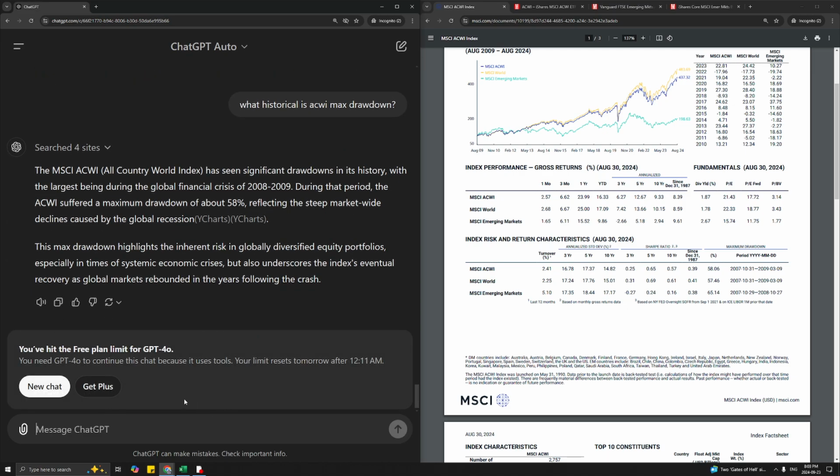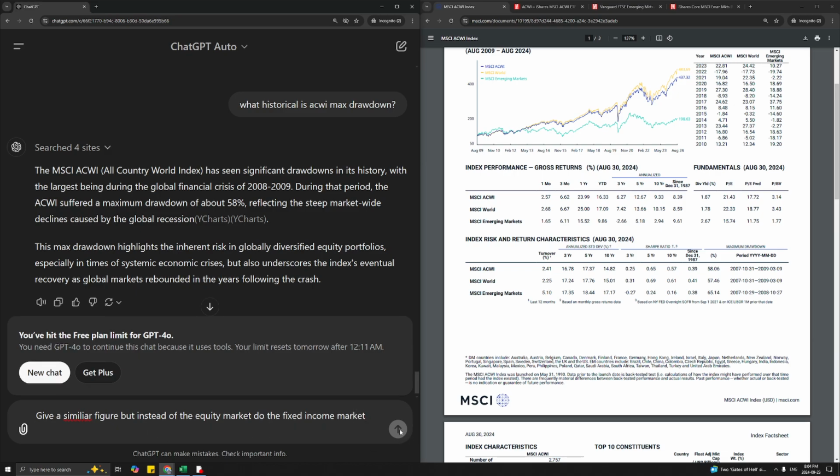Okay, ChatGPT. Oh no, new chat. Oh, I might have to pay. I'm not paying, man. Okay, 58%. Give a similar figure, but instead of the equity market, do the fixed income. Fixed income and bonds are like the same thing, but anyways. Fixed income. No, really?